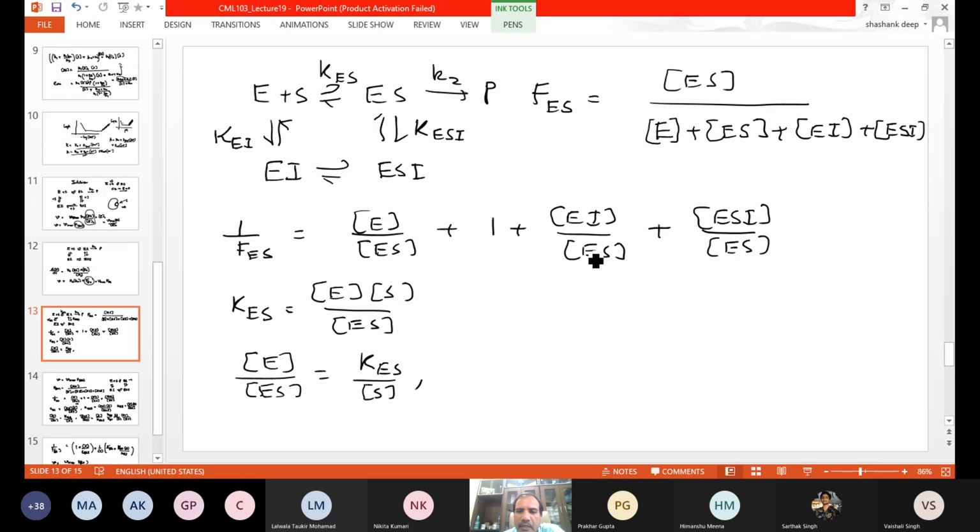Now KEI and ESI. Let us first go here. Let's write KESI is equal to ES into I by ESI. Remember again, this is a dissociation constant.